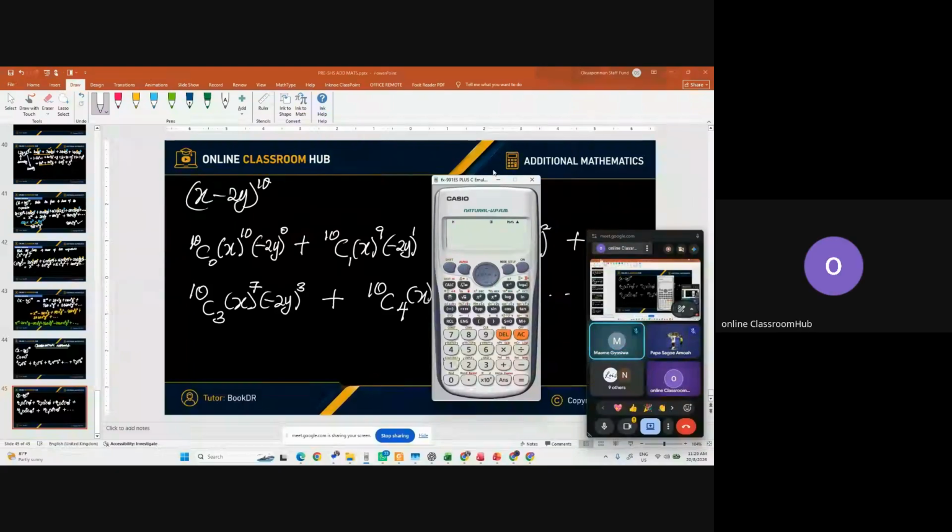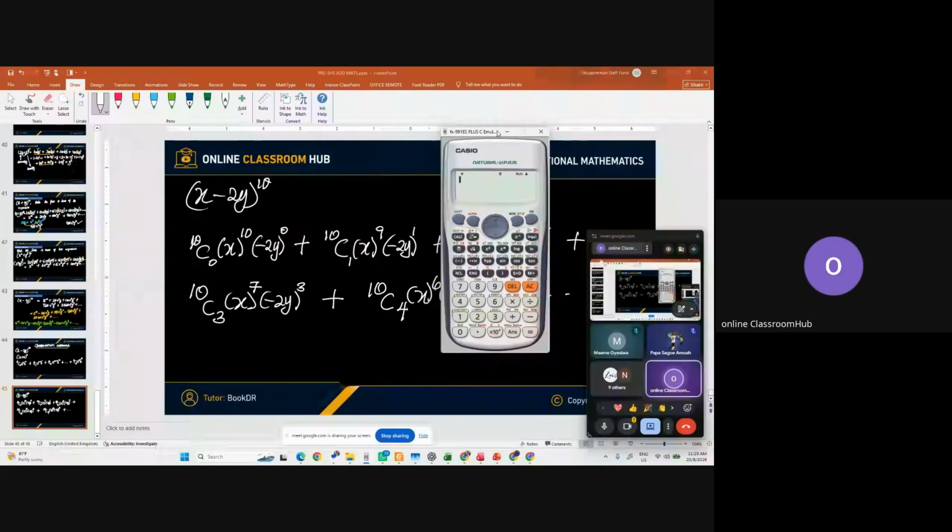So if I want 10 combination 0, I first have to press 10 for the 10. Then I press the shift key. Then I press the division sign. If you look at the division sign, on top of the division sign, you can see nCr. It means n combination r.